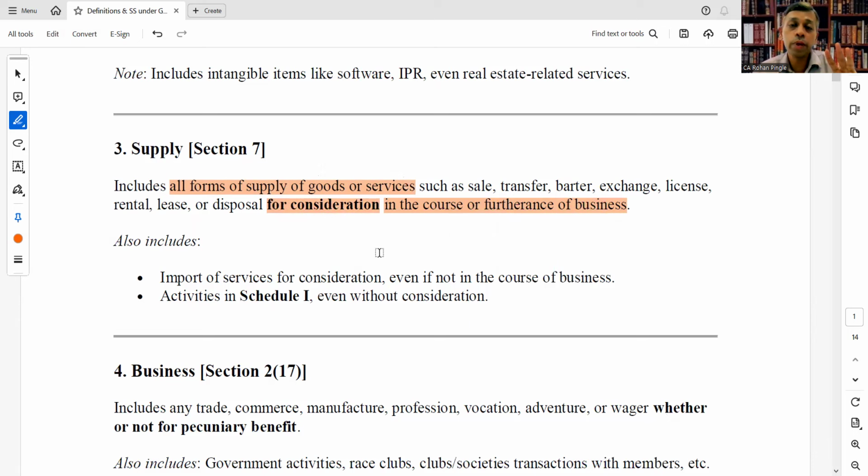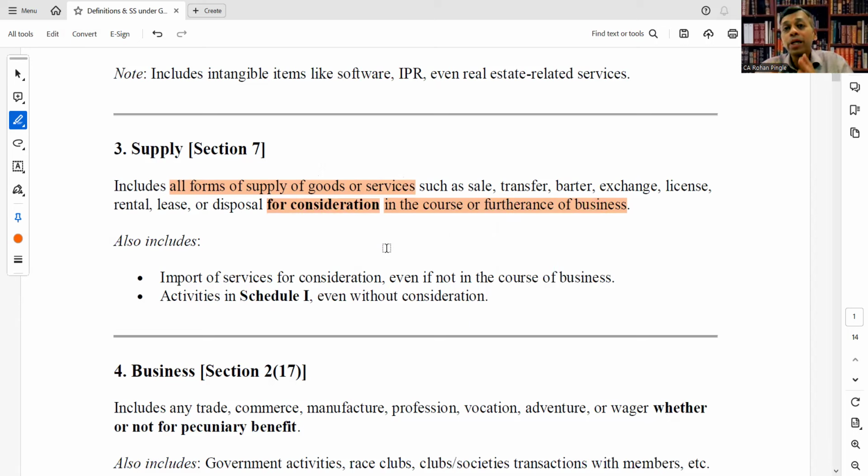Three important aspects in this definition are: involvement of goods or services, consideration, and course or furtherance of the business. It also includes import of services for consideration, even if not in the course of the business.